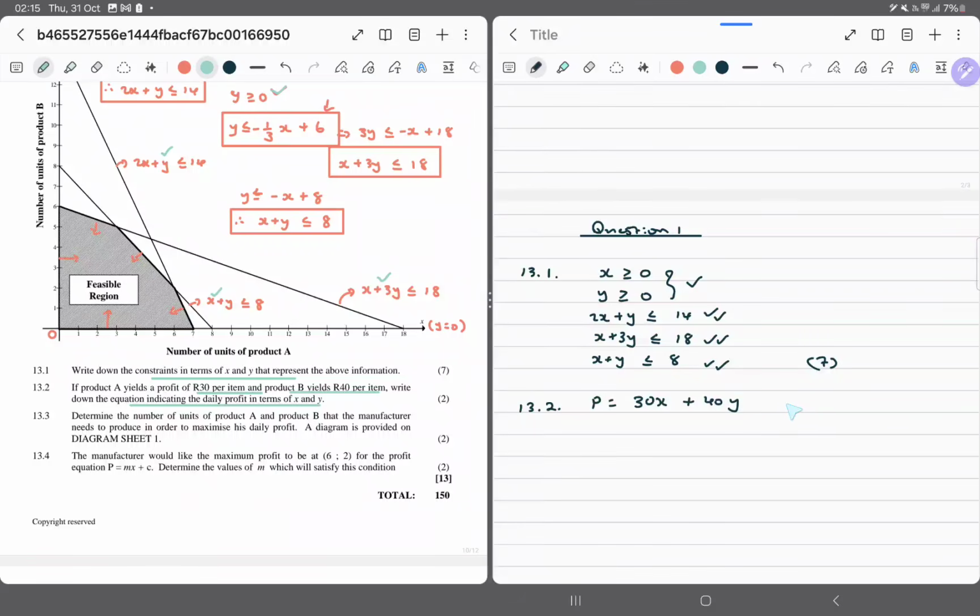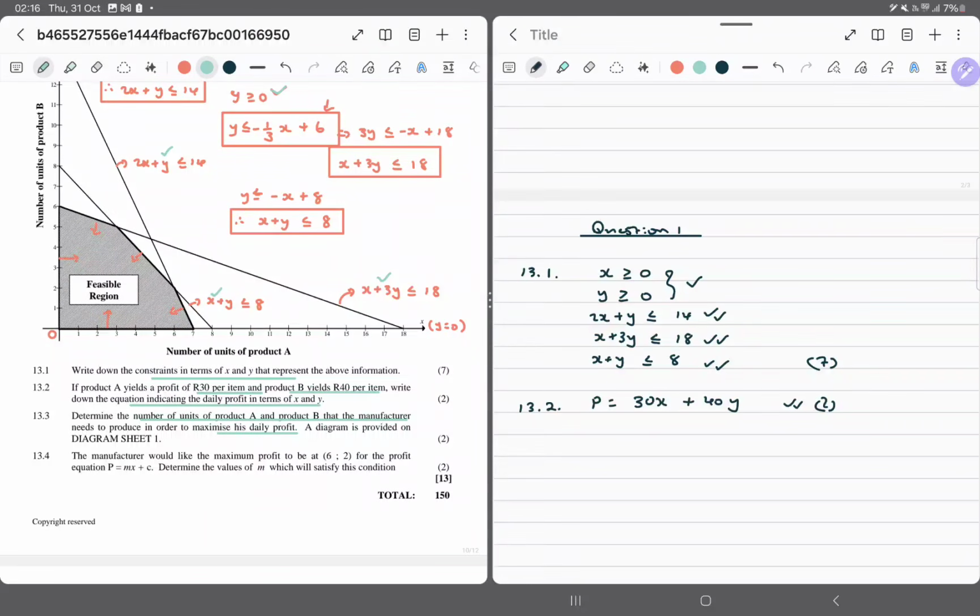That's all. Easy, 2 marks. This could be easily 1 mark. Now, determine the number of units. See, we want the number of units of product A and product B that the manufacturer needs to produce in order to maximize the daily profit.